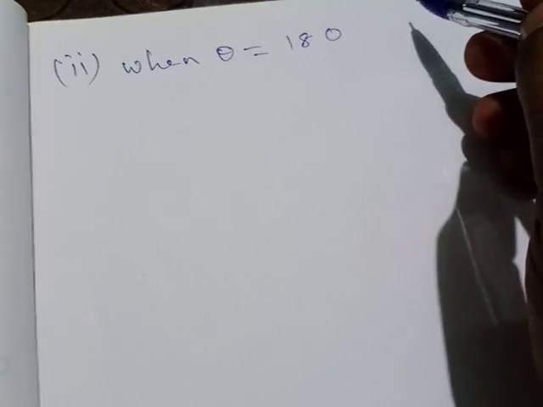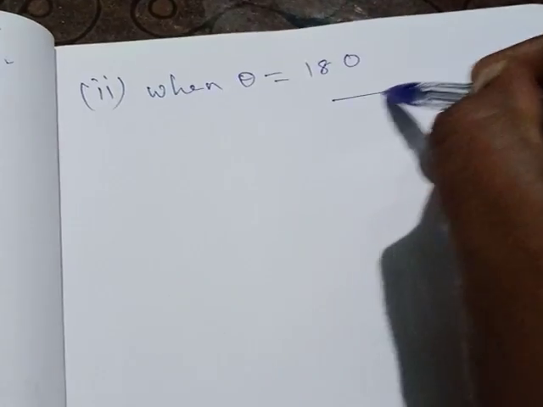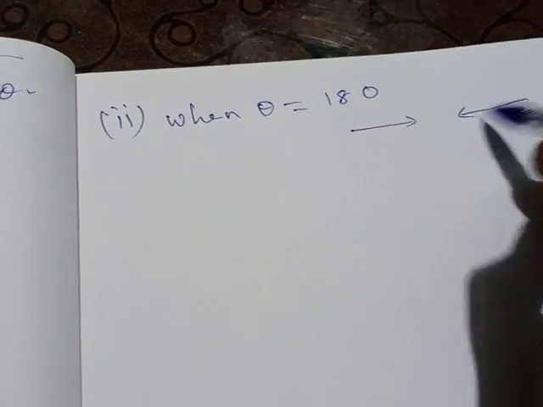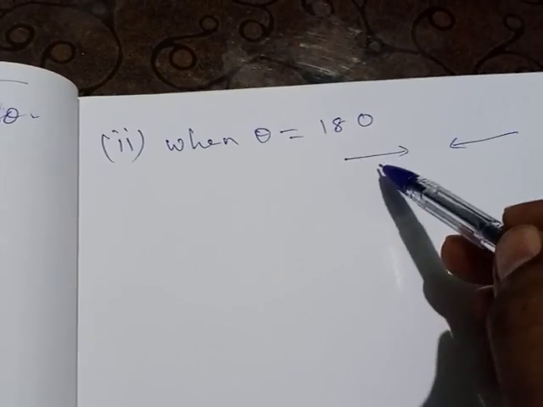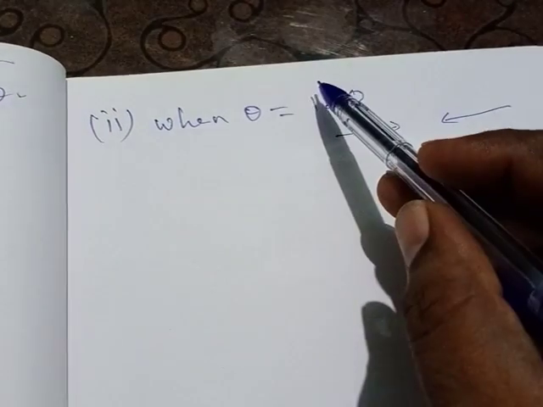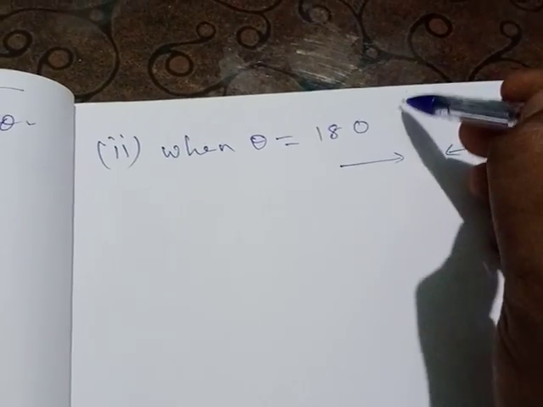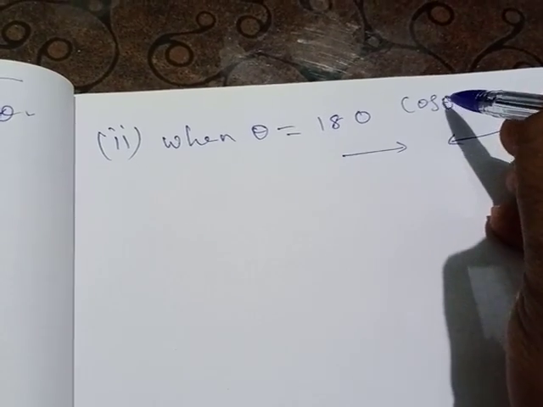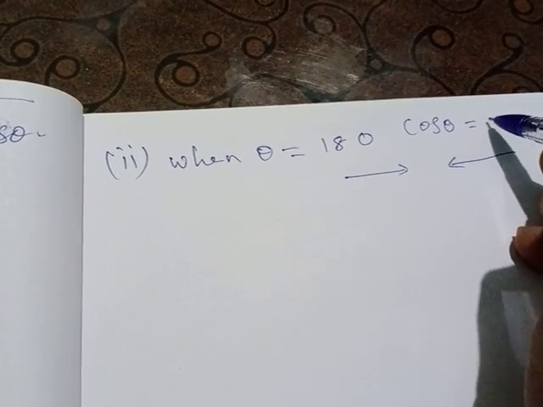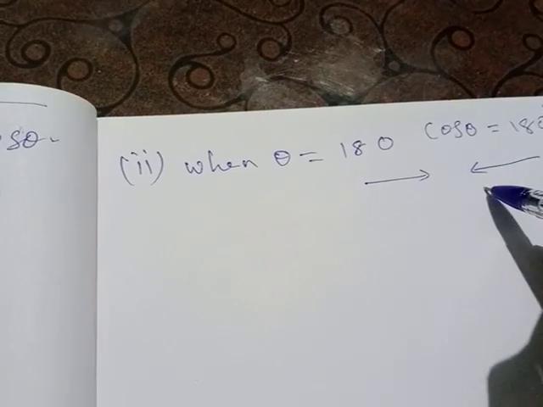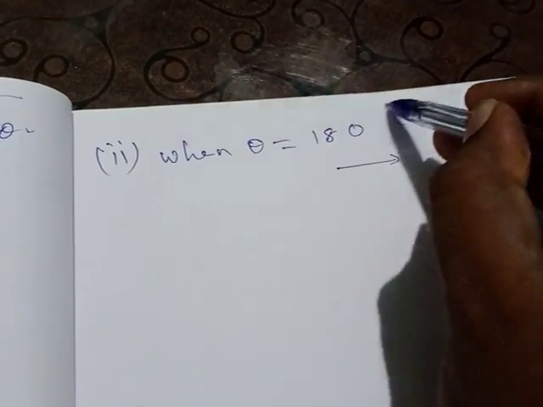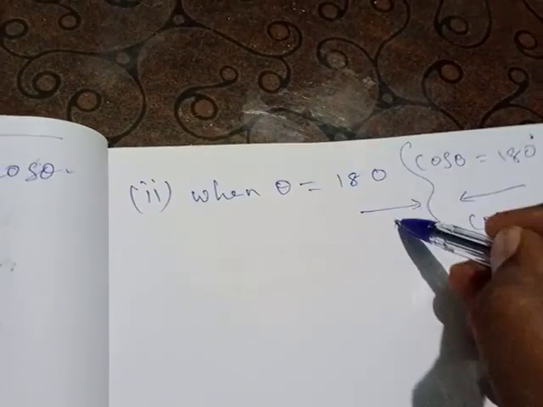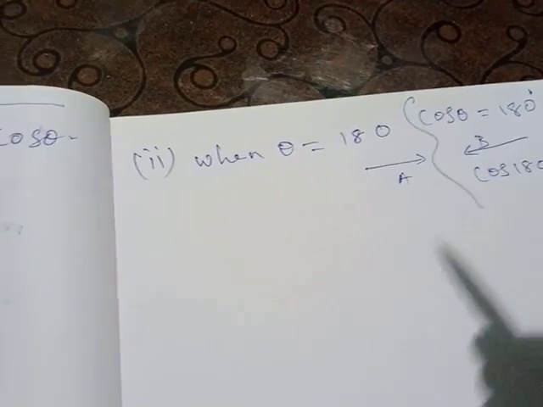Assume that the two bodies are moving in opposite directions, parallel straight lines in the opposite direction. So the angle is theta equal to 180 degree. We know that cos 180 will come to minus 1. This is A, this is B, moving in opposite directions.